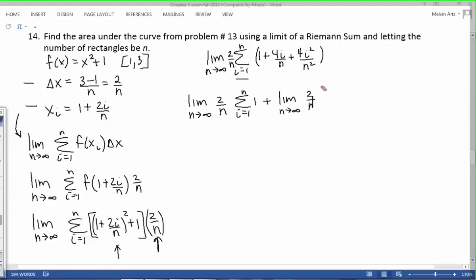So now, summation from i equals 1 to n, and we would have 4i over n, and then plus the limit as n goes to infinity, summation from i equals 1 to n, and we have 4i squared over n squared.